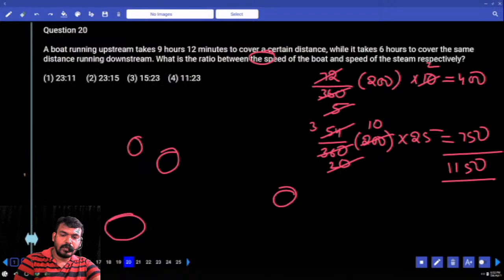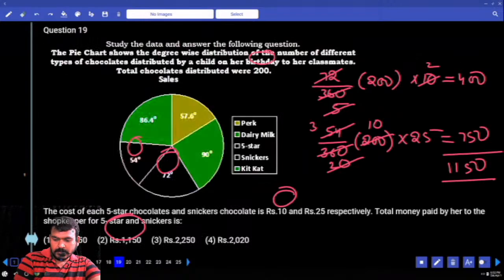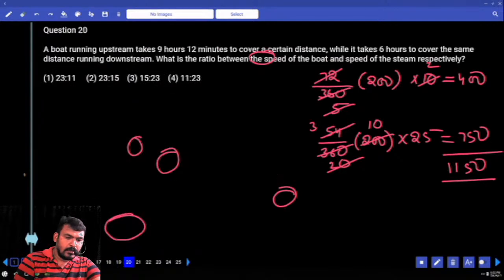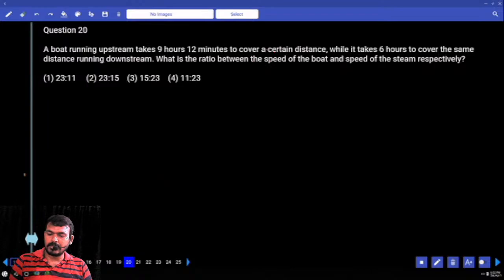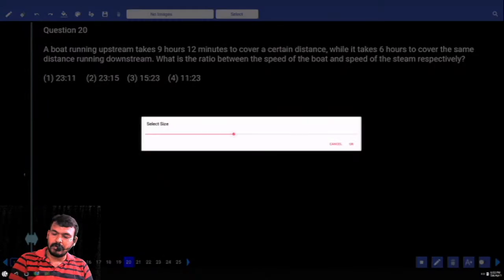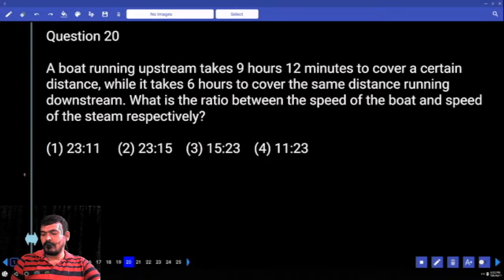Next, question number 20. A boat running upstream takes 9 hours 12 minutes to cover a certain distance, while it takes 6 hours to cover the same distance running downstream. What is the ratio of the speed of the boat and speed of the stream respectively? In both cases distance is the same.